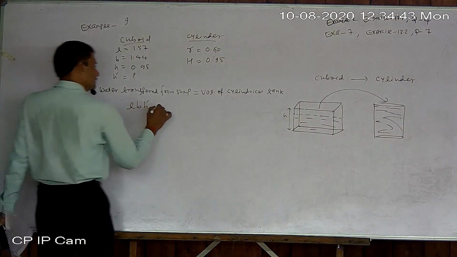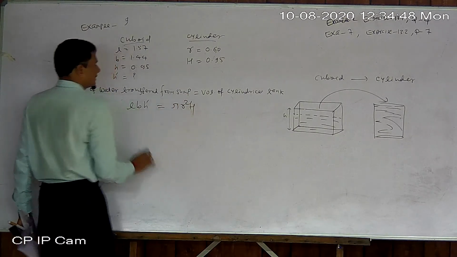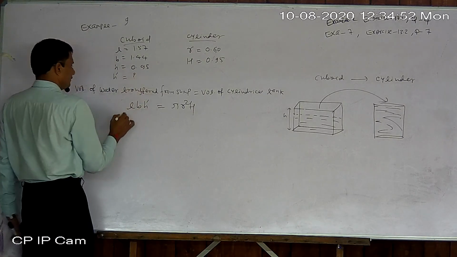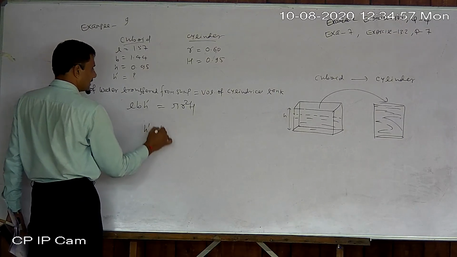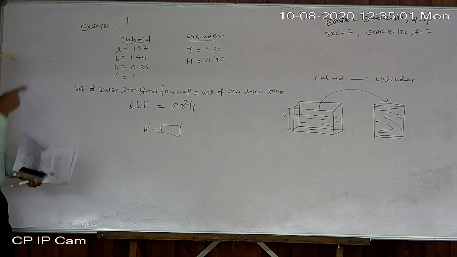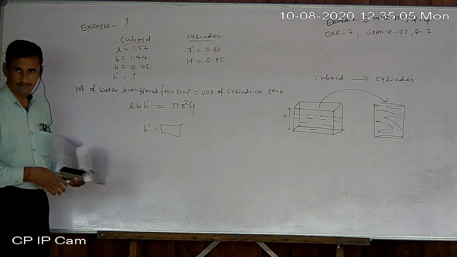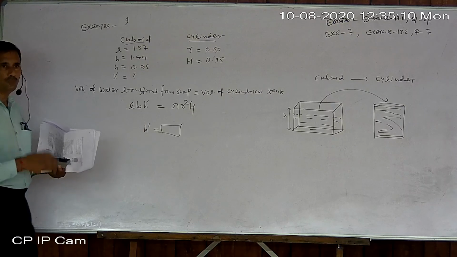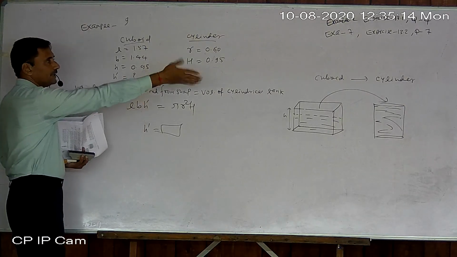Then just compare with pi r square h. Nothing is being cut. You will have H prime at last. Understand properly and write down, otherwise take a screenshot. We are going to solve somewhat differently. So we find H prime, the height of water transferred from the sump to the tank.